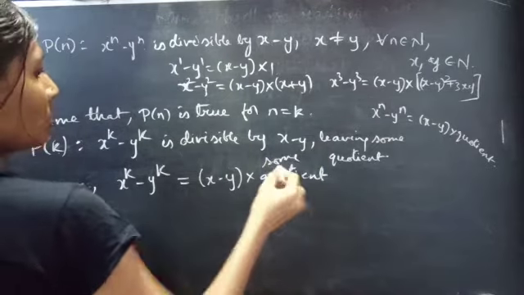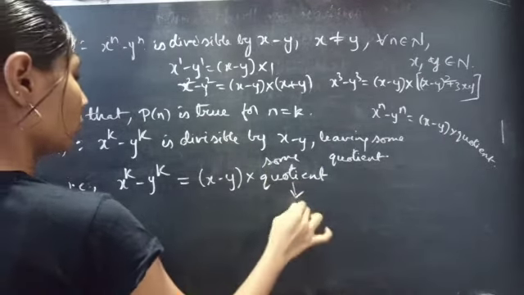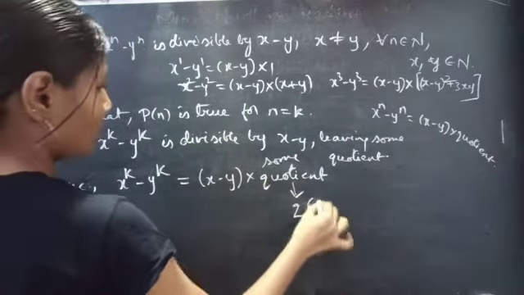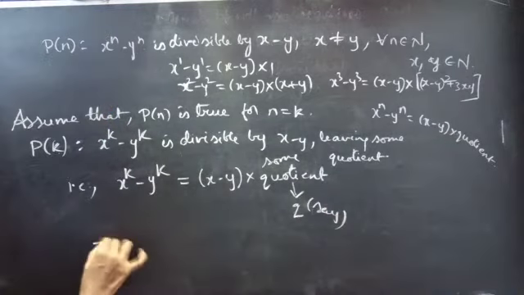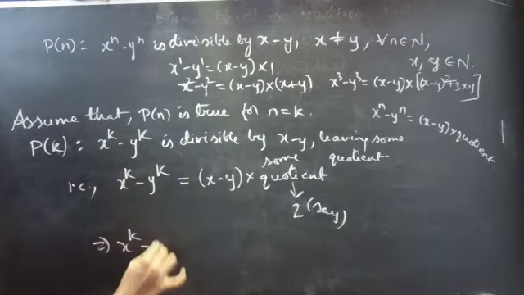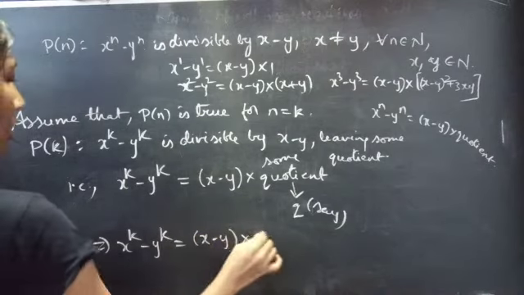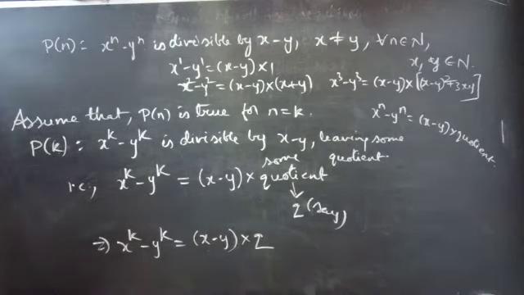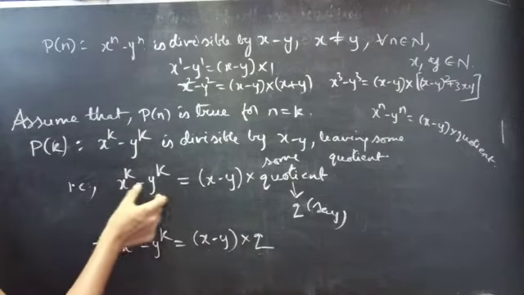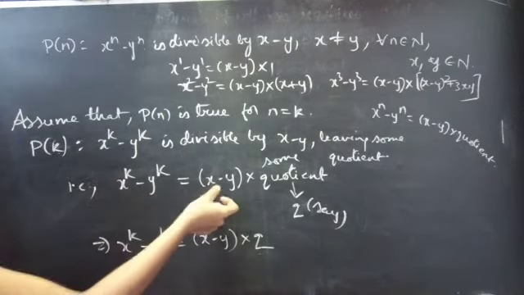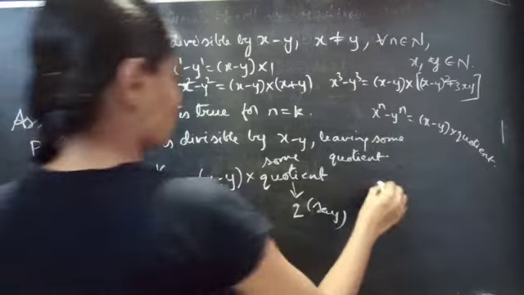So let's name this some quotient as q, for quotient, say. Then we'll get x power k minus y power k equals a multiple of x minus y, leaving some quotient, right? So let's see whether x power k minus y power k is divisible by x minus y or not.